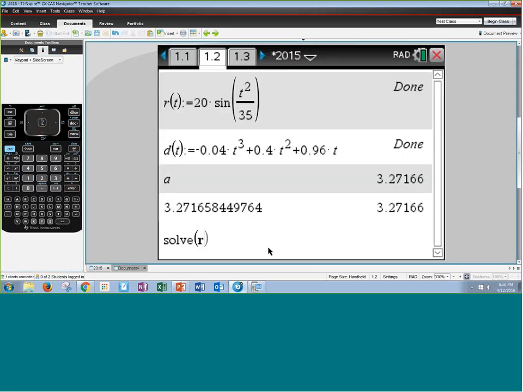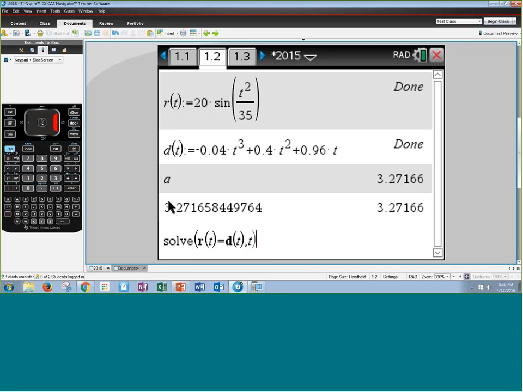So I need R of T equal to D of T. I need to tell the calculator that I want to solve for T. And one of the things that the students need to become very familiar with is, especially when they're working with the trig function, they need to restrict the solutions that they're going to see.